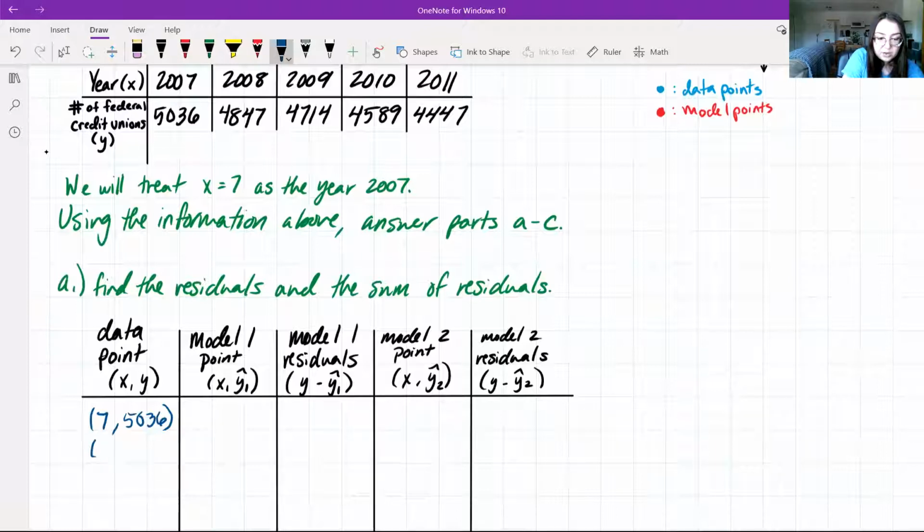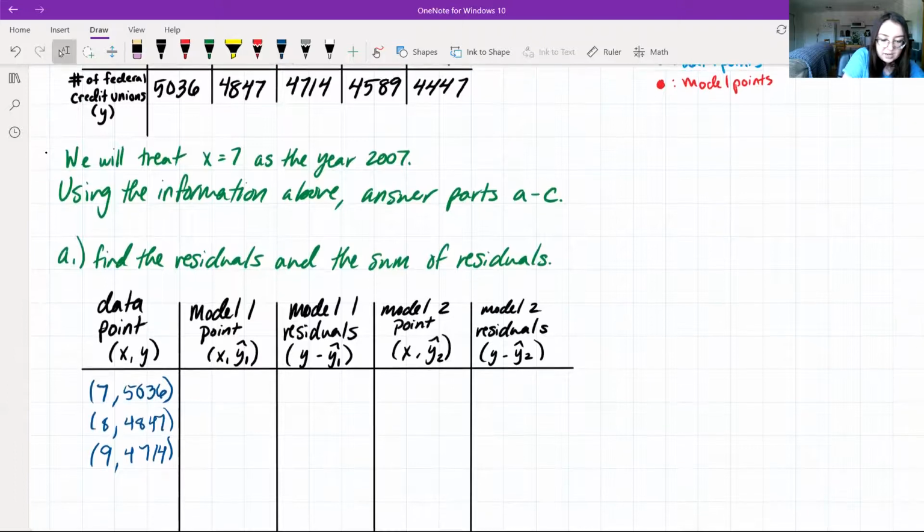And then our next point is going to be 8 for the year 2008, and 4,847, 9 for the year 2009, 4,714, 10 for the year 2010, and that's going to be 4,589.